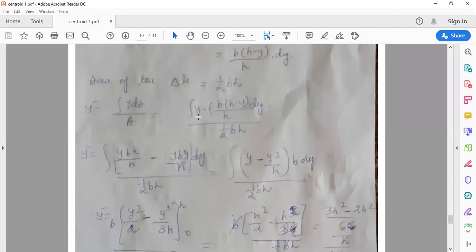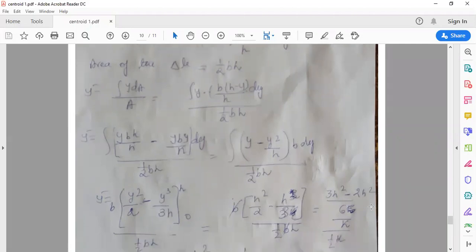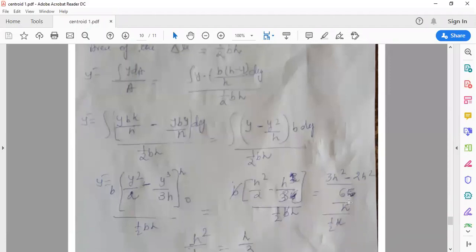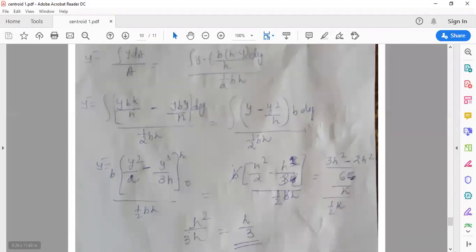Now you integrate this equation, y b by h into h minus y, after opening the bracket. Parallelly you are studying mathematics also, so you know how to integrate this equation. I simplified it, and with half bh in the denominator, finally you will get h by 3.